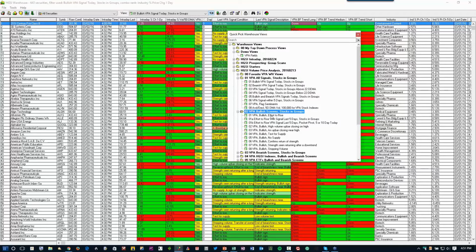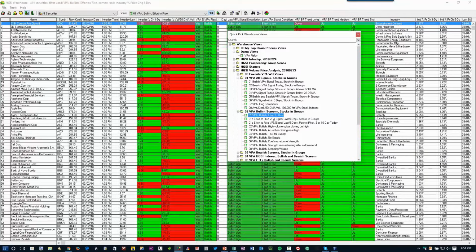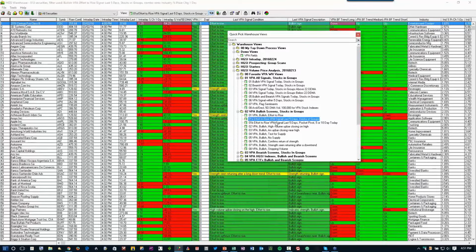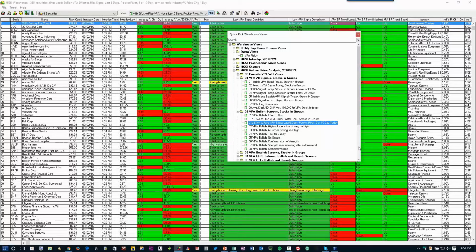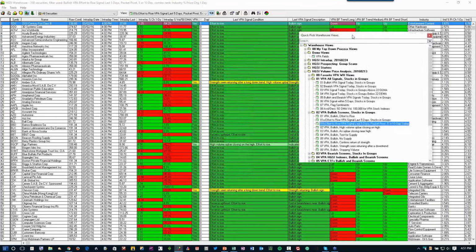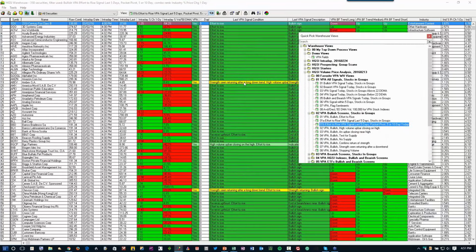the number 2 folder, and these are all effort to rise. This is effort to rise the last 5 days, stocks and groups. Effort to rise last 5 days with a pocket pivot, 5 or 10 day. I added those later. That's why they're A and B. So there's a ton of stuff. I've done so much stuff in here that I've forgotten what I put in here, to tell you the truth.